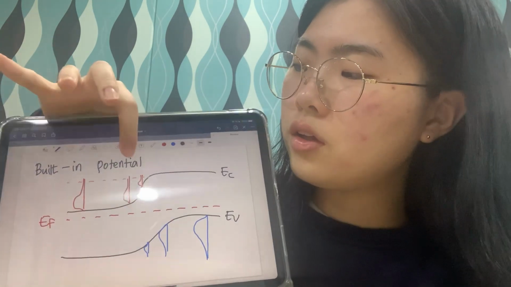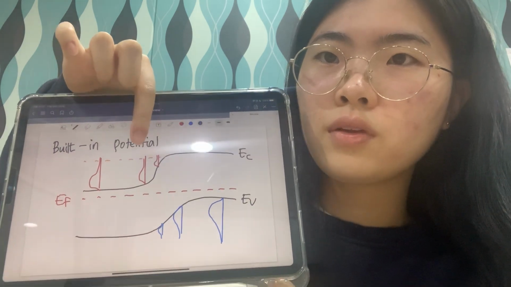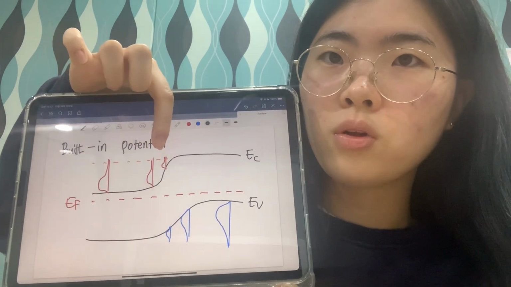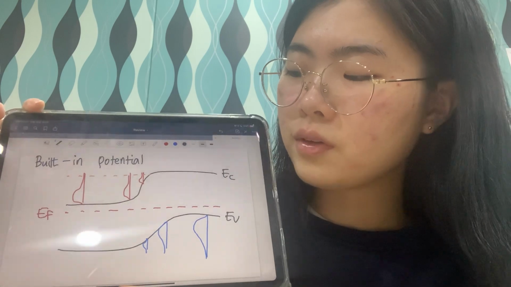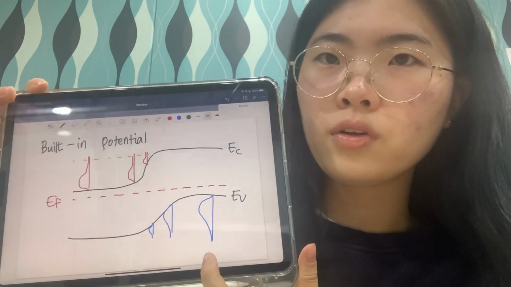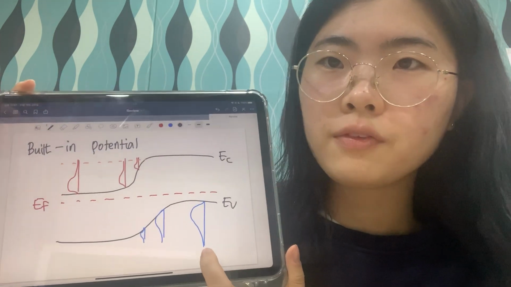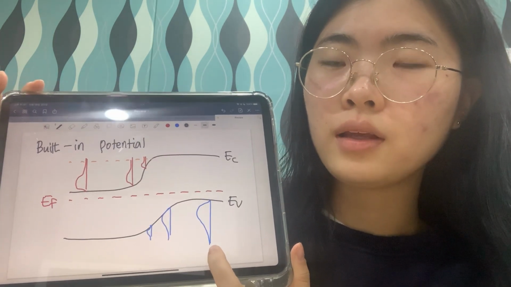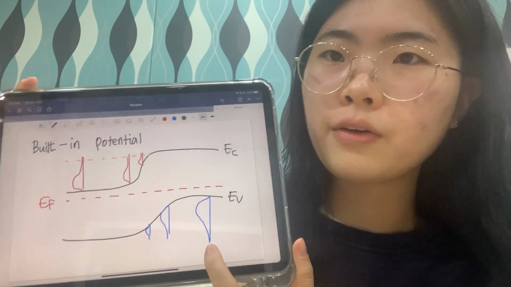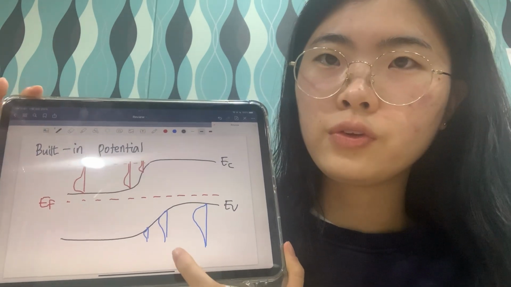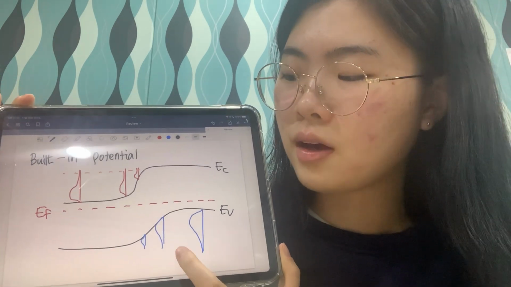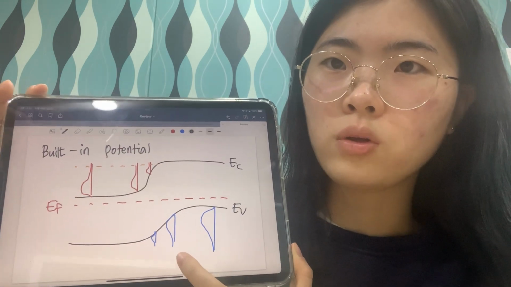Similarly, the hole concentration looks the same but mirrored: it is very big at the right side, however, when it goes to the left side, it gets smaller.